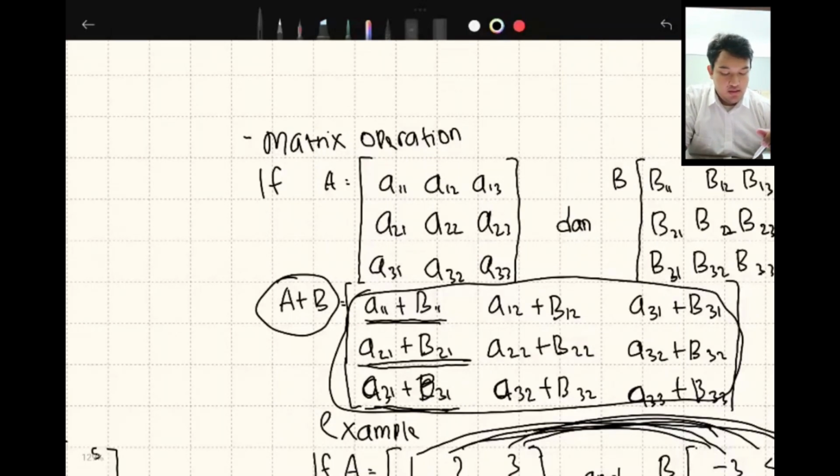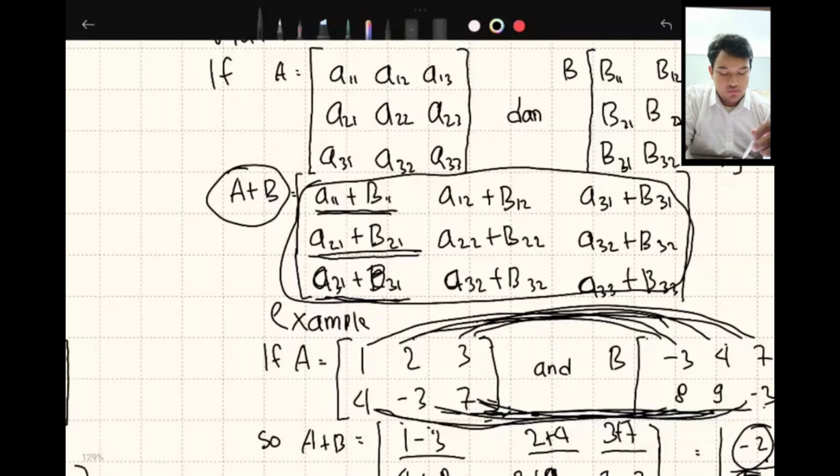If A11 and B11, so A plus B gives A11 plus B11, A21 plus B21, and A31 plus B31.